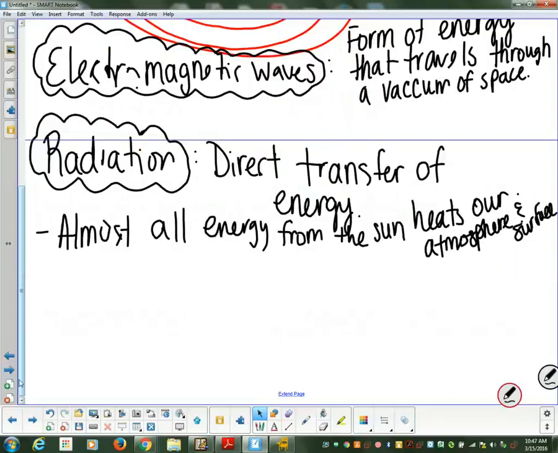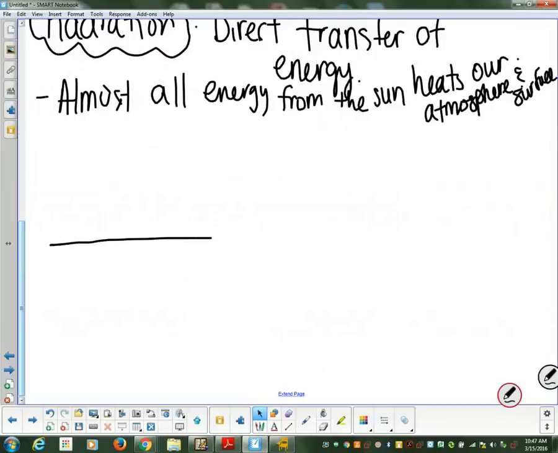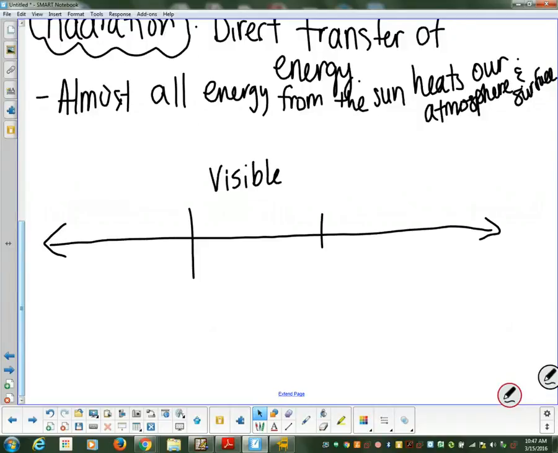So I need to draw you kind of this spectrum. All right, so it's heading in two opposite directions. And the middle part is going to be visible light. And this is the one that we are most familiar with. We can tag in the term Roy G. Biv. Red, orange, yellow, green, blue, indigo, violet. Those are all the colors that you would experience when you see a spectrum of light. Okay, it's the same colors that you see when you see a rainbow.